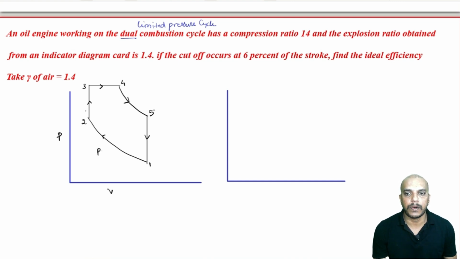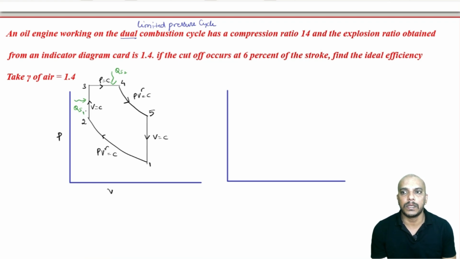So, PV to the power gamma is constant, constant volume heat addition, constant pressure heat addition, reversible adiabatic expansion, then constant volume heat rejection. Heat is added in two parts, one is QS1 and the other QS2. So, the total heat will be QS1 plus QS2.